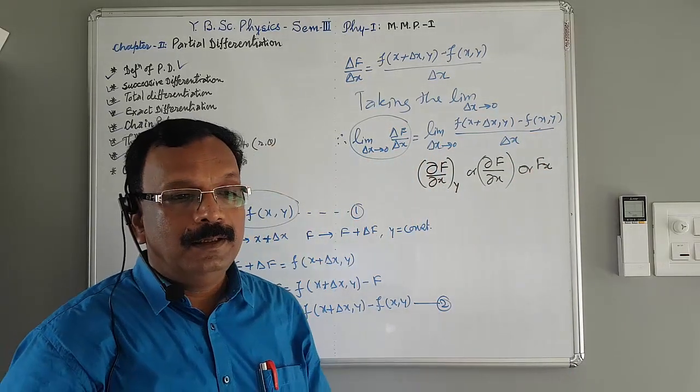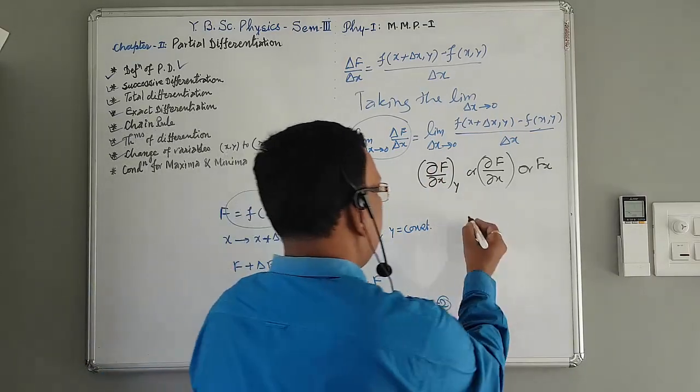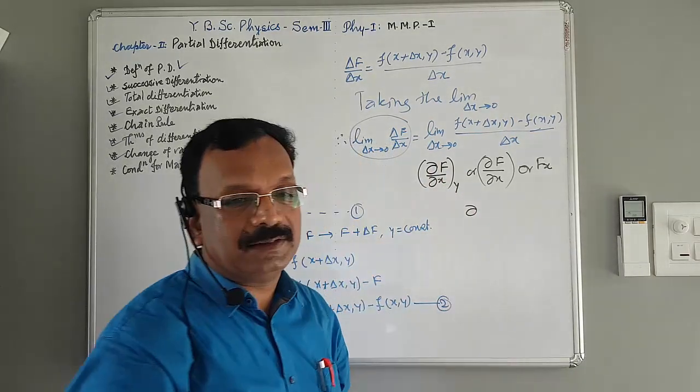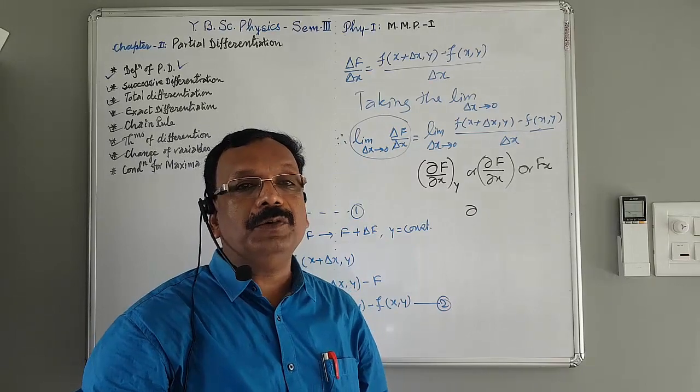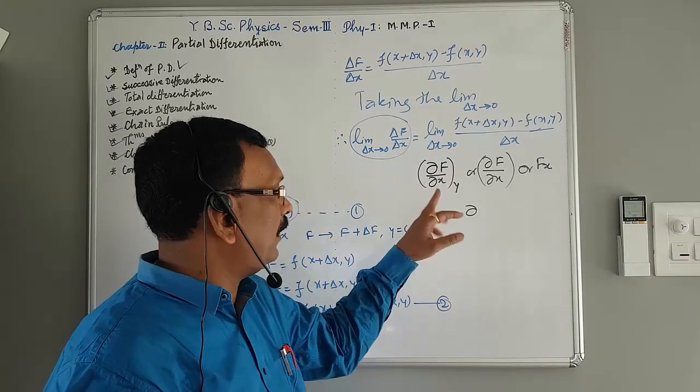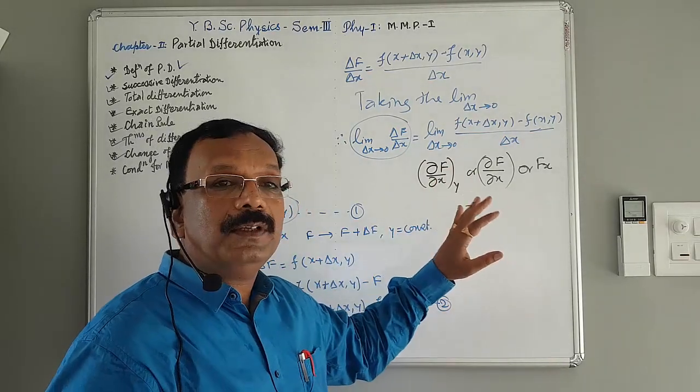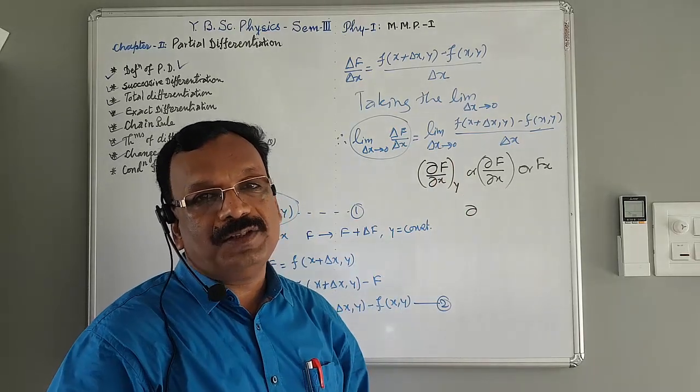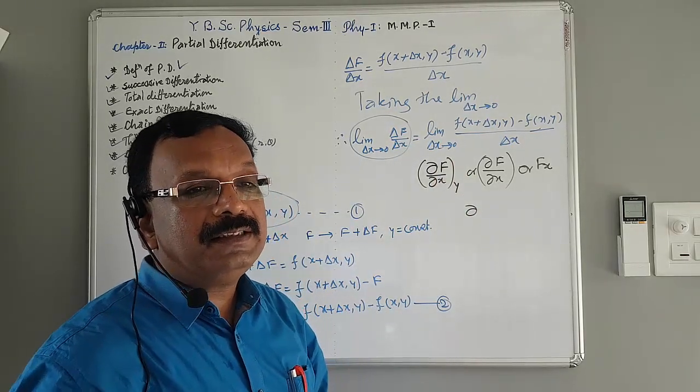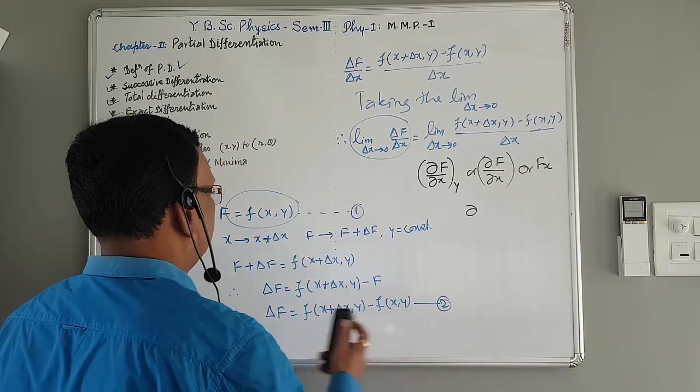The curly d indicates the derivative of function f with respect to x keeping y constant.